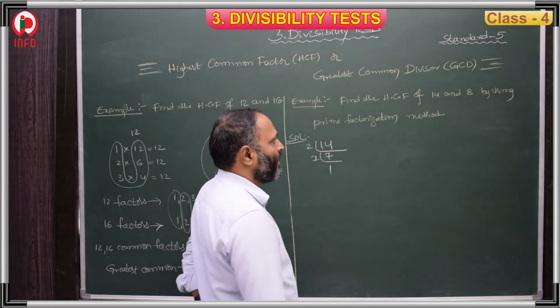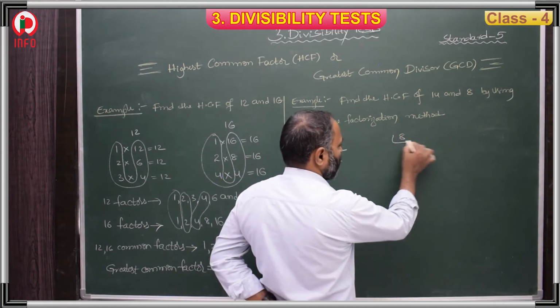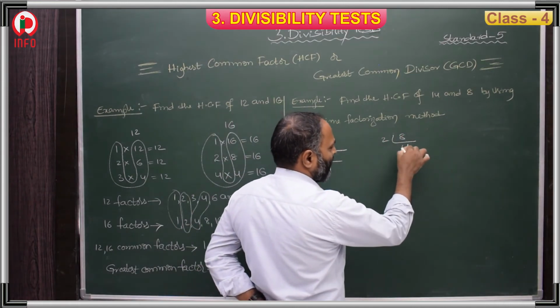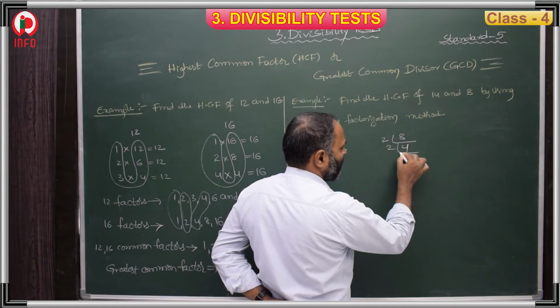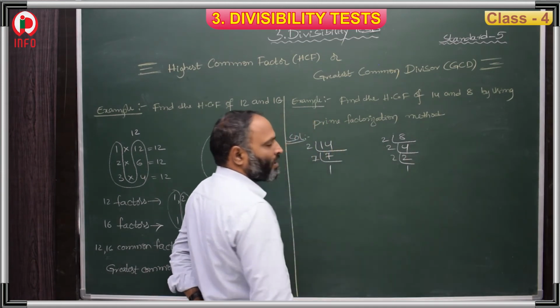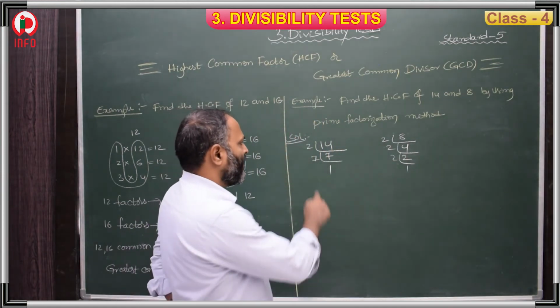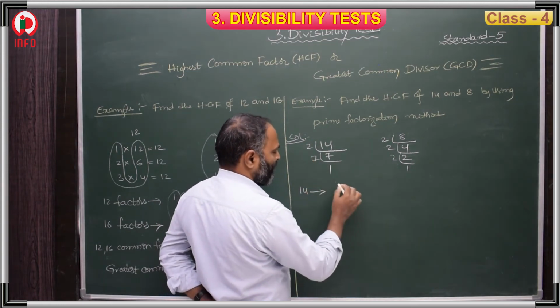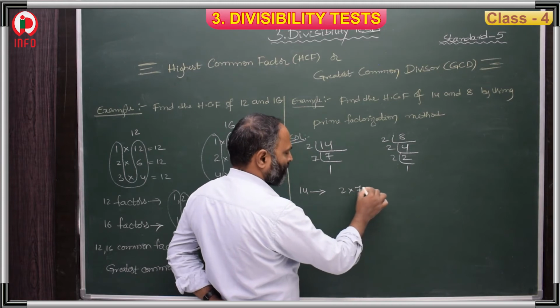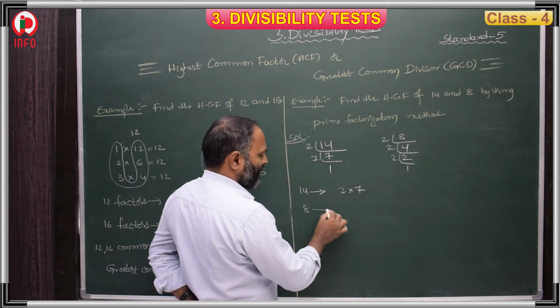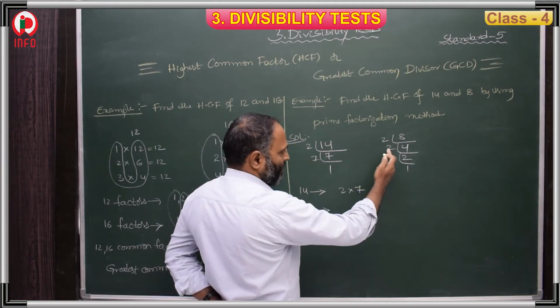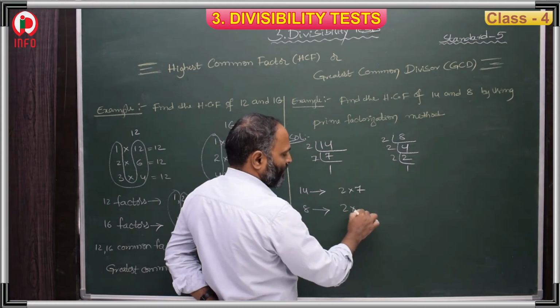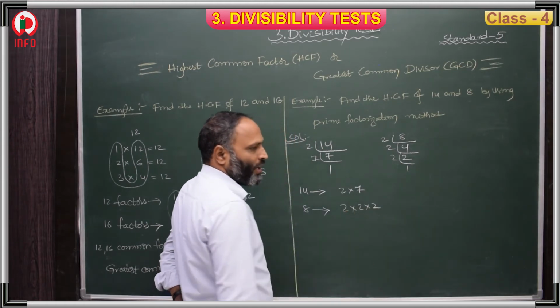Then 8: 2 4s are 8, 2 2s are 4, again 2 1s are 2. These are the prime factors. The prime factors of 14: 2 into 7 into 1, that means 2 into 7. And of 8: 2 into 2 into 2 into 1, that is 2 into 2 into 2. No need to take 1.